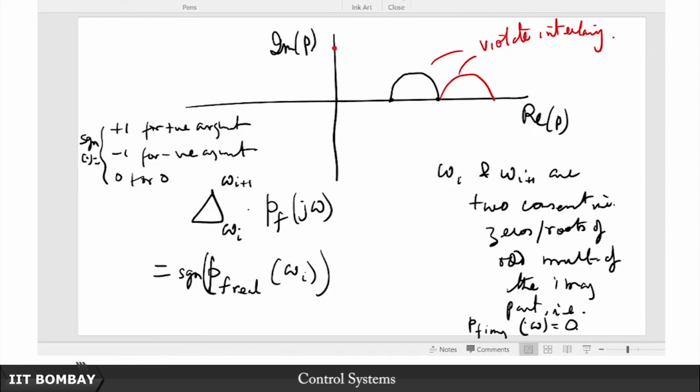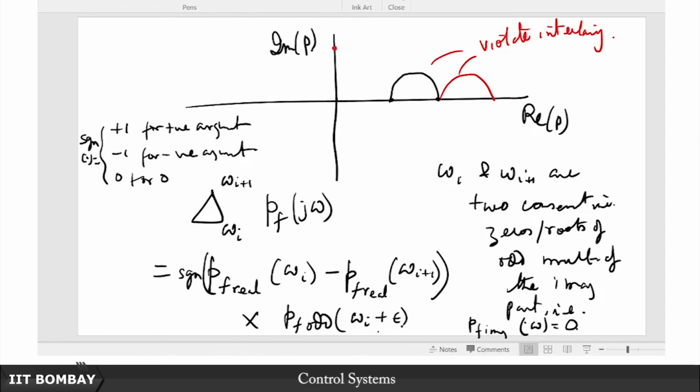Now what they are doing is, you notice that if you take this P_f real, remember these are roots of the odd part, multiplied by P_f odd at omega i plus epsilon, where epsilon tends to 0.